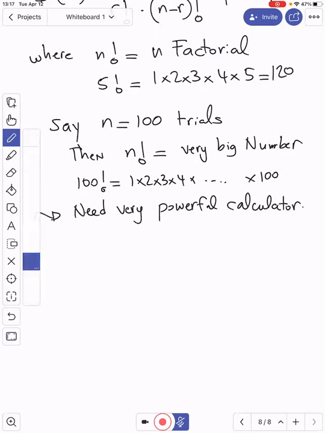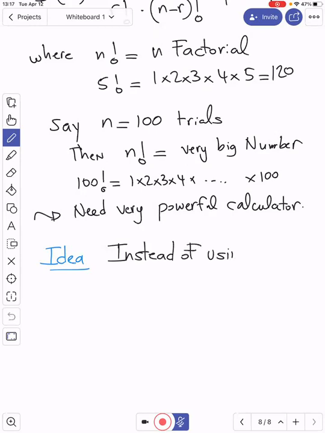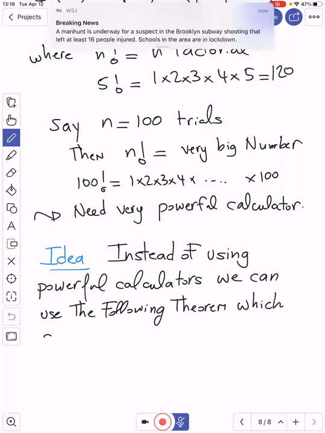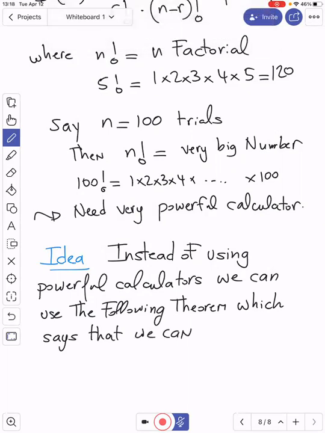So instead of using powerful calculators, we can use the following theorem, which says that we can approximate a binomial distribution using a normal distribution.